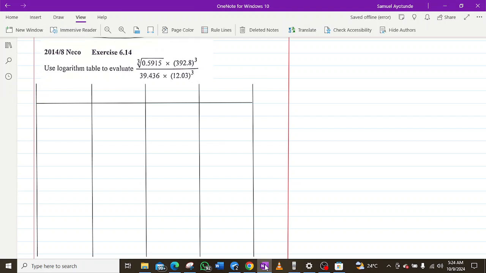So we write number, and logarithm. So our figure is 0.5915.